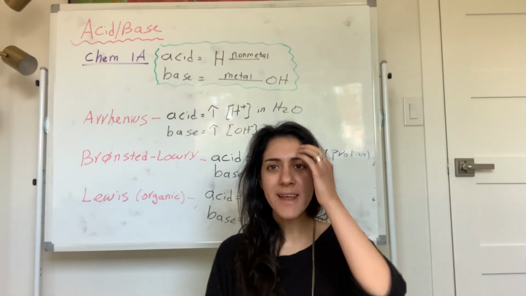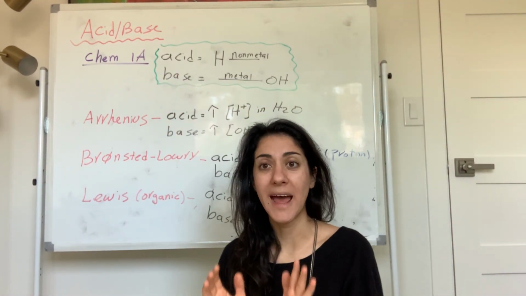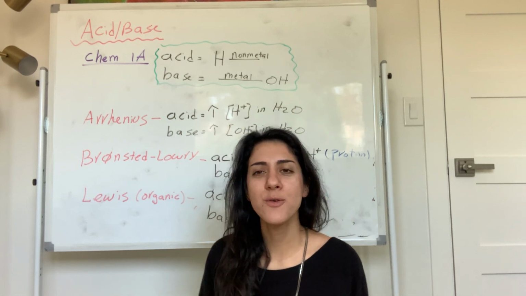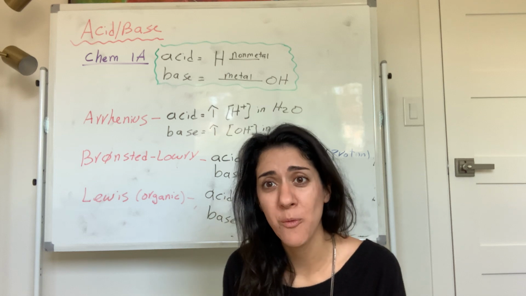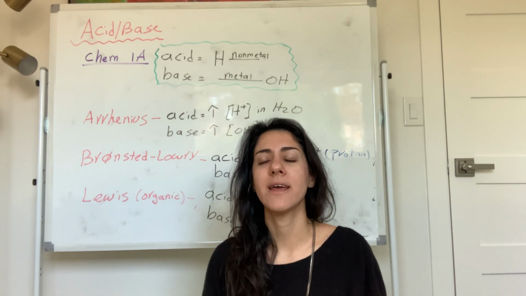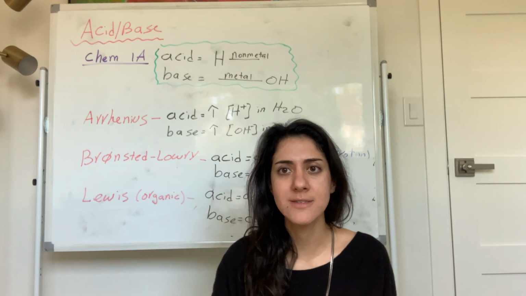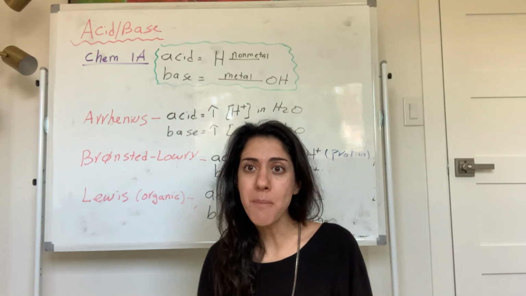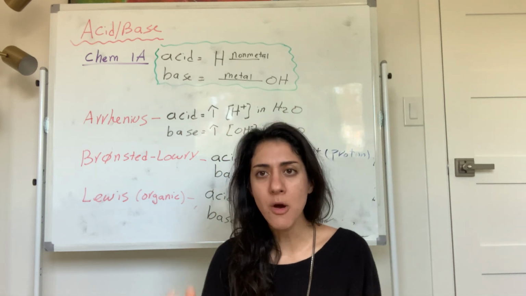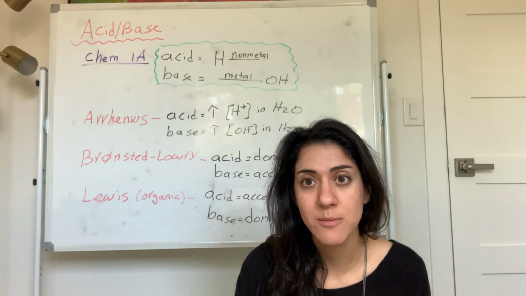Class. Now, next we're going to start talking about acids and bases. And this is my favorite part to talk about. If you remember, back in Chem 1A, which seems so long ago now, we taught you that if you have an acid, it's going to start with H. And if you have a base, it's going to end with OH. We said every time you see a compound that starts with H, that's going to be your acid.